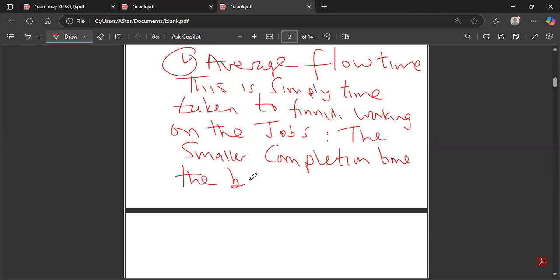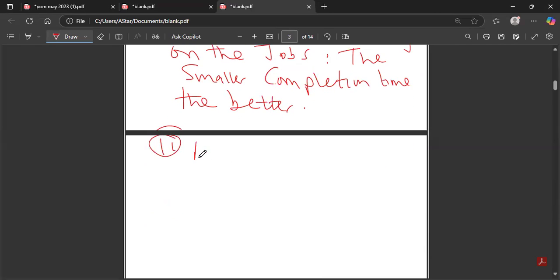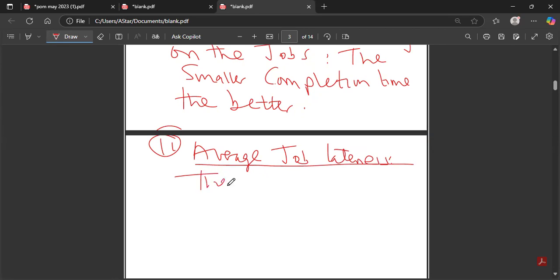Number two, average job lateness. The smaller the lateness for the job, the better. Do you understand?